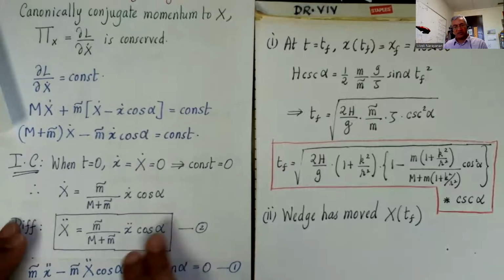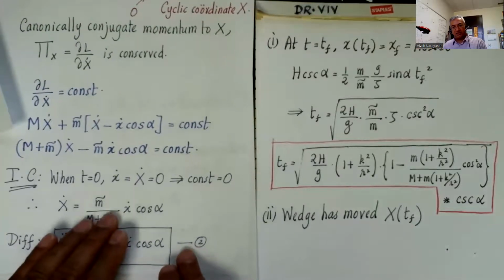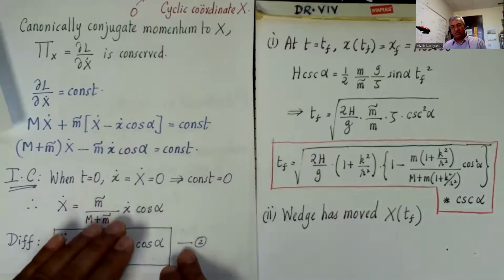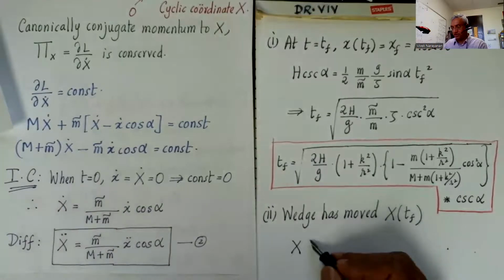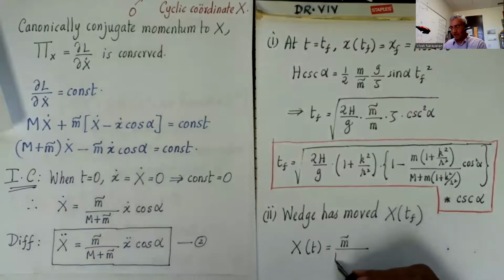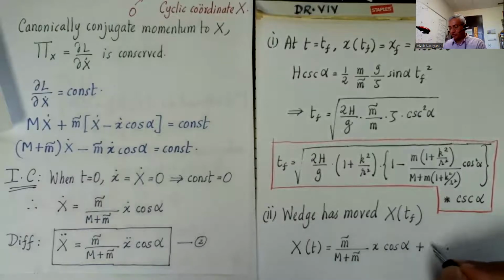That relationship is right here. What we have to do is integrate. If I integrate this, what am I going to get? I'm going to get X of t is equal to m tilde over m plus m tilde times little x of t cosine alpha plus some constant.